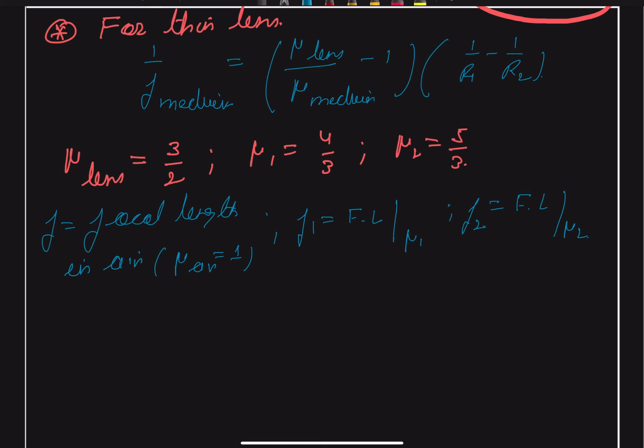And because the radius of curvature will be a common term for all these three, since the lens is the same, we can for the time being ignore this part and concentrate only on the refractive index part.